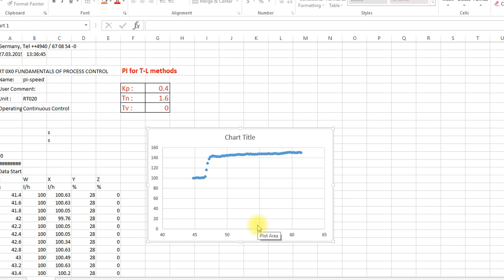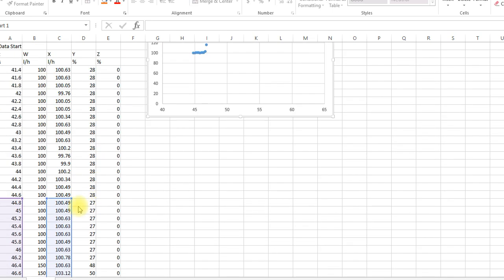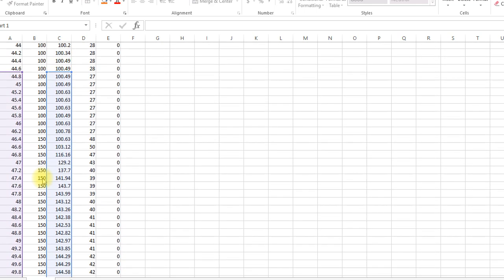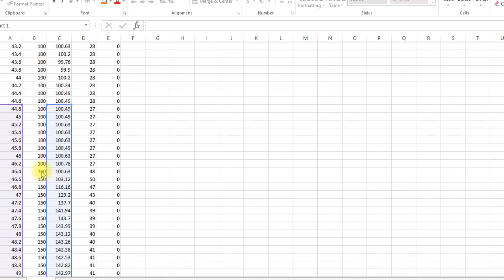So how to explain this graph? Set point was 100, this is flow rate, and then the set point is changed to 150, as you can see in data as 100, and then here we change it to 150, and then the real flow rate also started changing. You can see it's very fast up to 140, and then it is going slower.